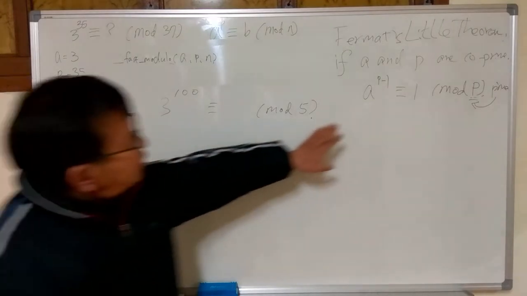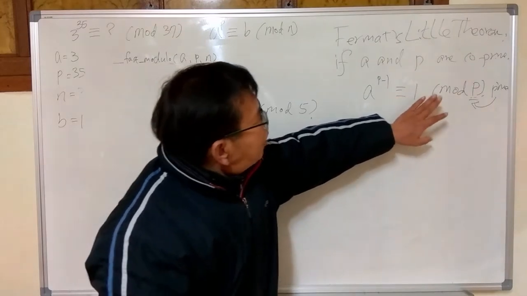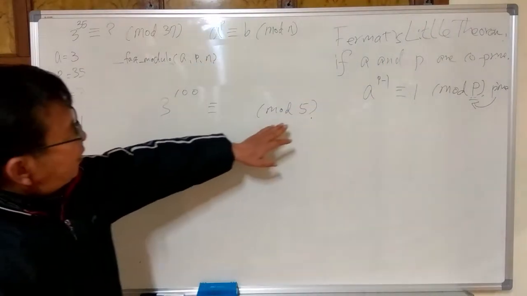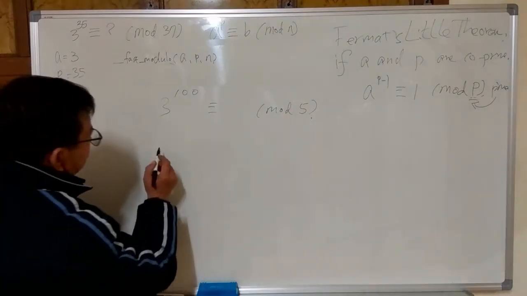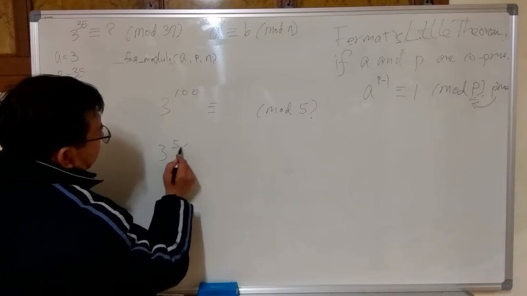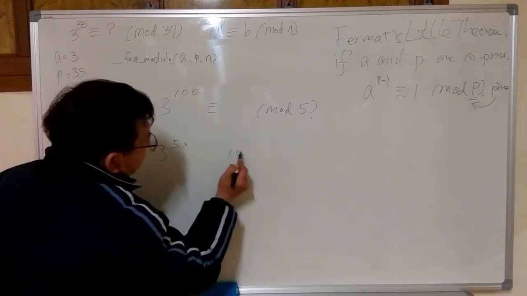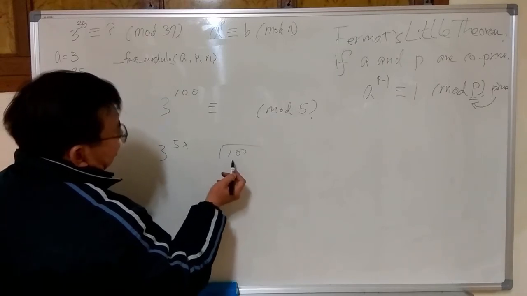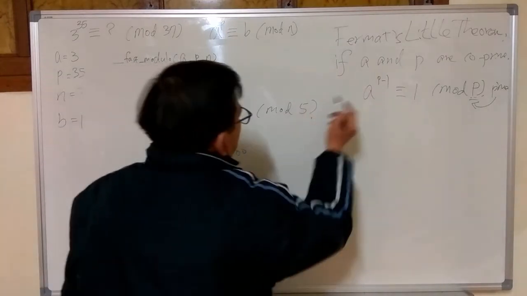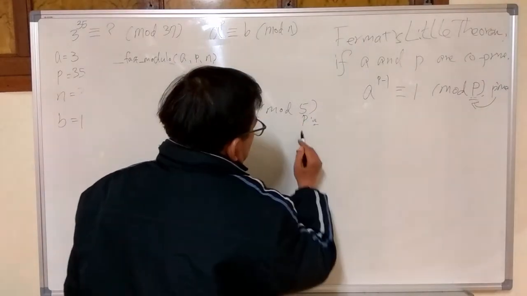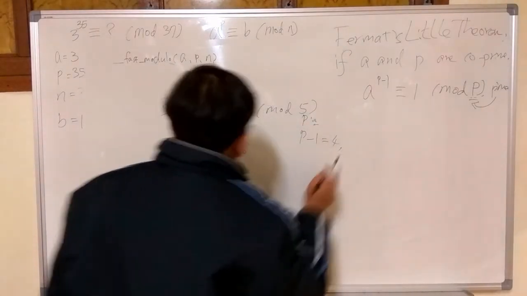In such a case, if we are using Fermat's Little Theorem, P is 5, so P minus 1 means 4.